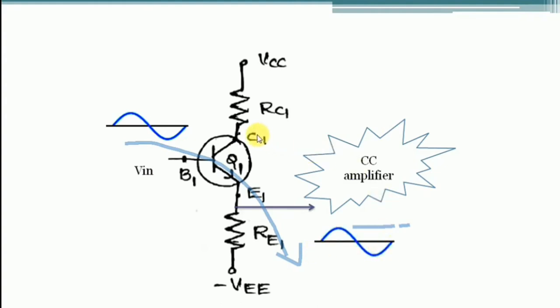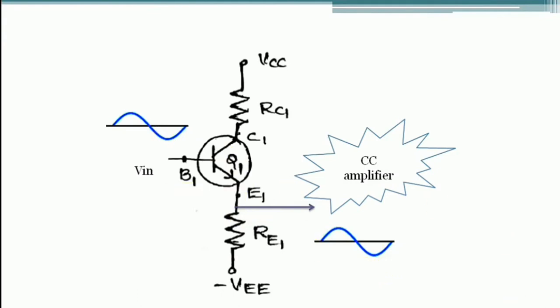So at the final stage we can conclude that if you consider the output at the collector terminal, we are obtaining the amplification of the input, and similarly if you observe the output at the emitter terminal, it is nothing but the replica of the input signal present at the base terminal.